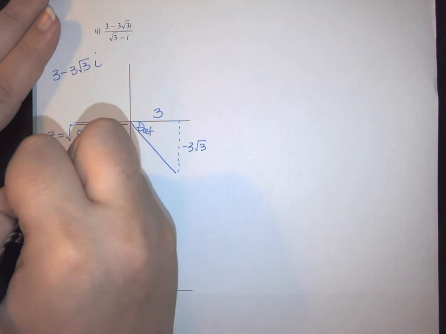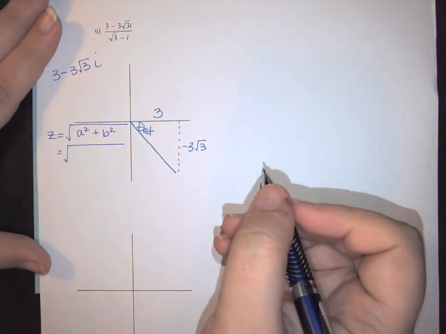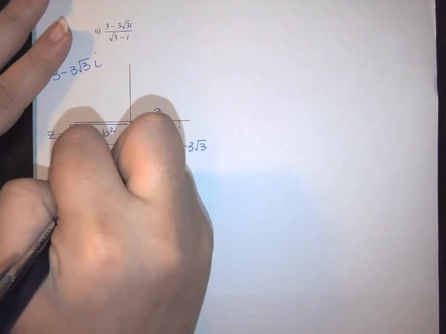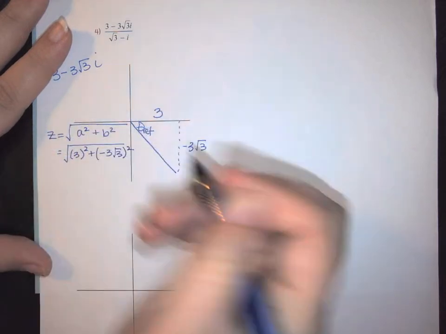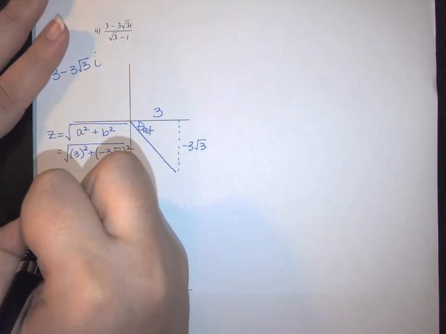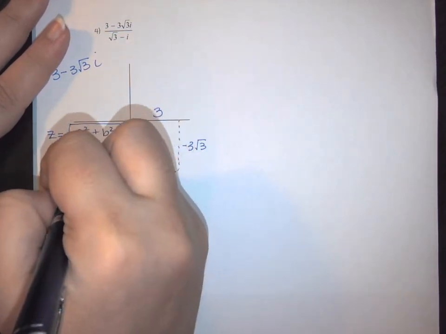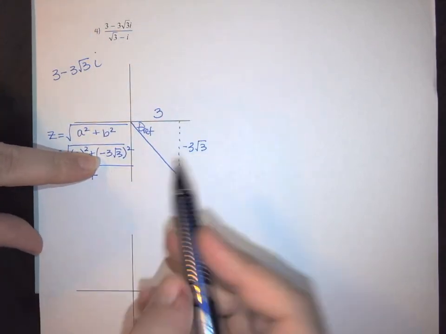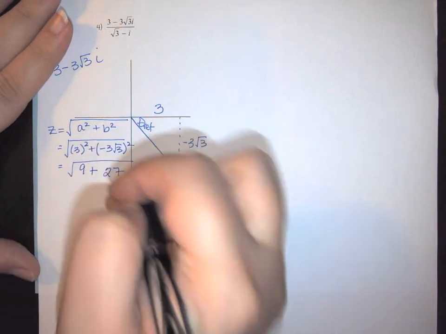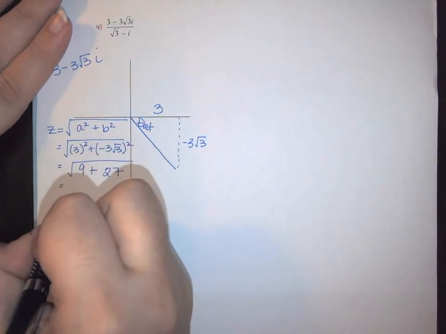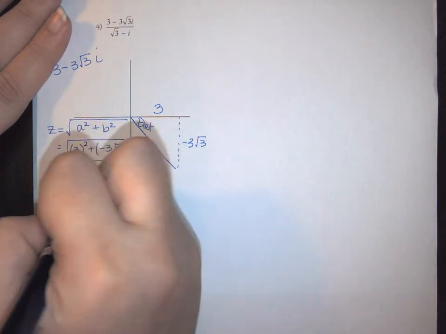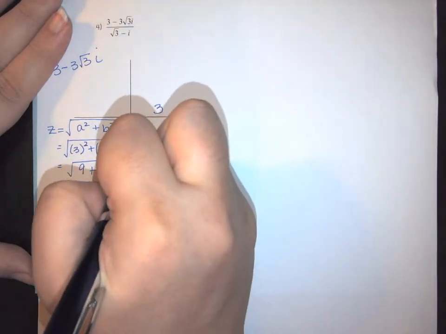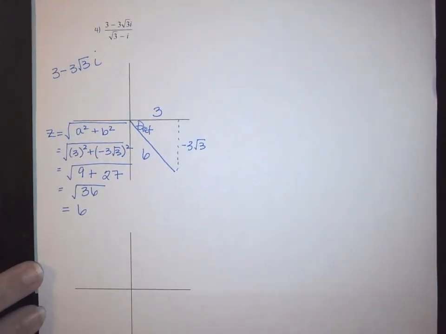So in this case, it's going to be the square root of 3 squared plus negative 3 square roots of 3 squared. So this is going to end up being 9 plus negative 3 squared is 9 times 3 is 27. So this here is going to end up being the square root of 36, which equals 6. So I have my triangle all filled in.